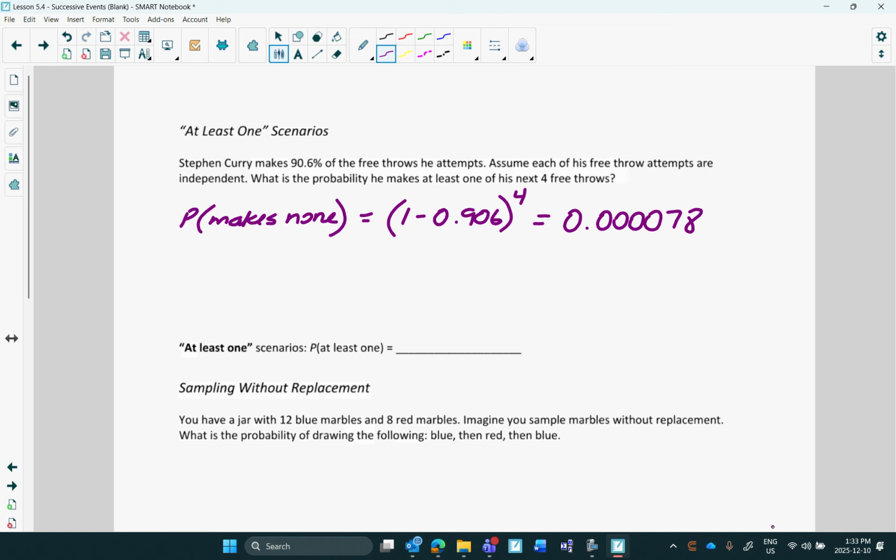So that's the probability that he makes none. But all the other situations are he's making at least 1, isn't it? Like he'll make 1, he'll make them all, he'll make 2, he'll make 3. So to find the final probability, I have to do 1 minus what I just found here. 0.0000078.